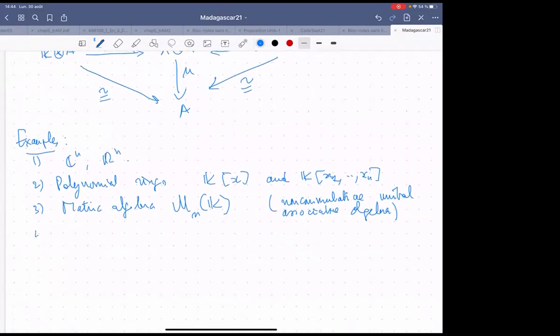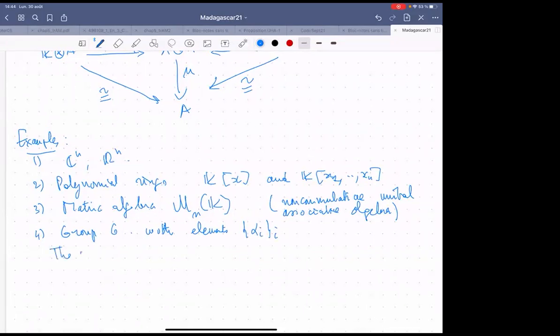Now, if I start with a group G, with elements alpha_i, then we can construct the vector space KG generated by the basis e_alpha_i.